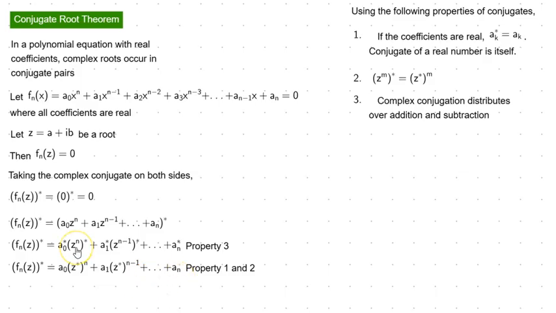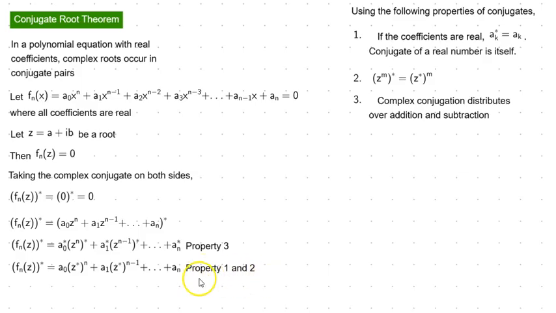So those coefficients remain as they are. Now, when it comes to the powers of z conjugate, we can write it as the conjugate of z to the power of n plus a sub 1 times the conjugate of z to the power of n minus 1 and so on up to a sub n.